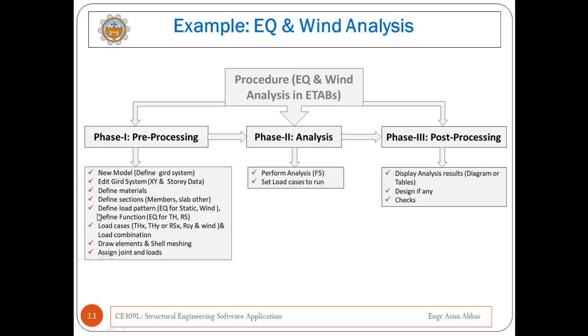Okay, one step is to define load pattern for earthquake if I am using a static load procedure for earthquake, and I will define load pattern in case of wind, right? Okay, if I am using time history and response spectrum for earthquake analysis, I will define function accordingly. And similarly, I will define load cases for time history, response spectrum, and wind and other loads.